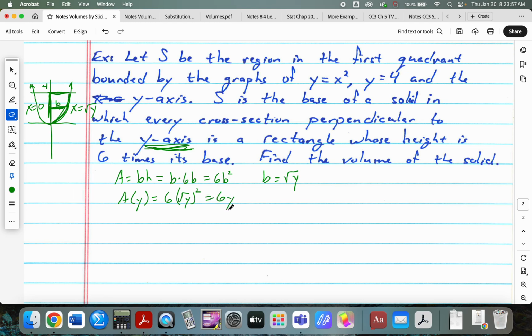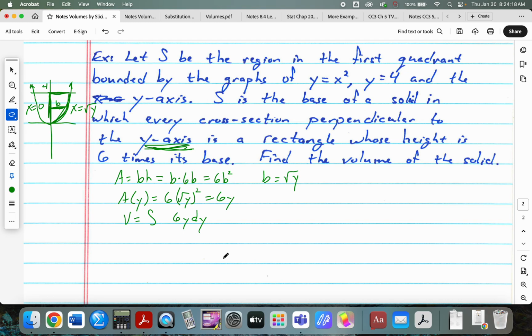It's just 6y. So our volume will be the integral of 6y dy. Every now and then these come out to be really nice like that.